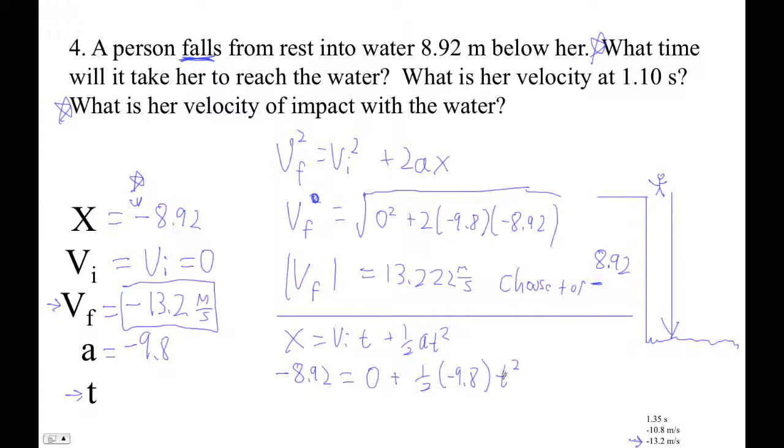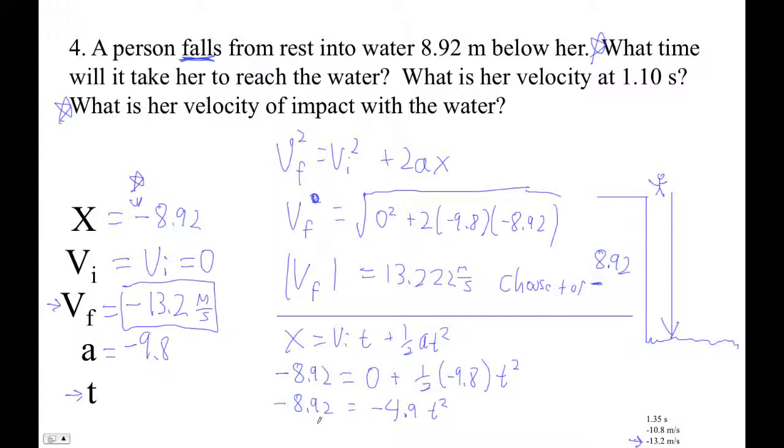Now I'm just going to bust this thing out here. So I get negative 8.92 is equal to negative 4.9 t squared, and now I'm going to divide negative 8.92 by negative 4.9.